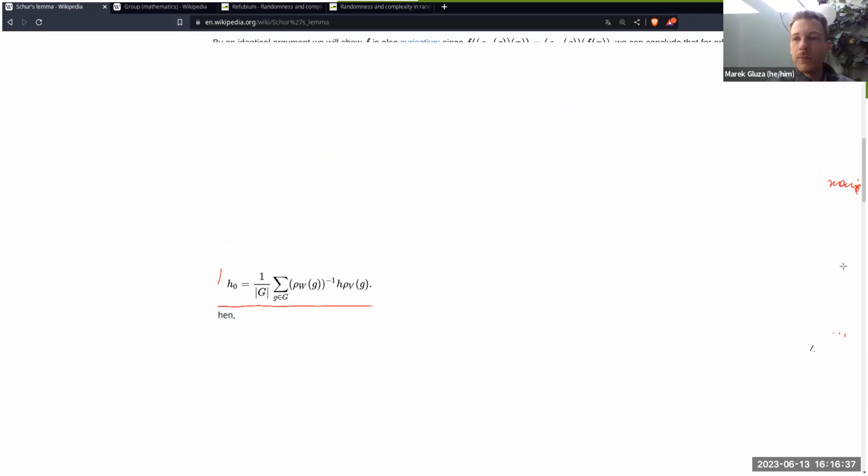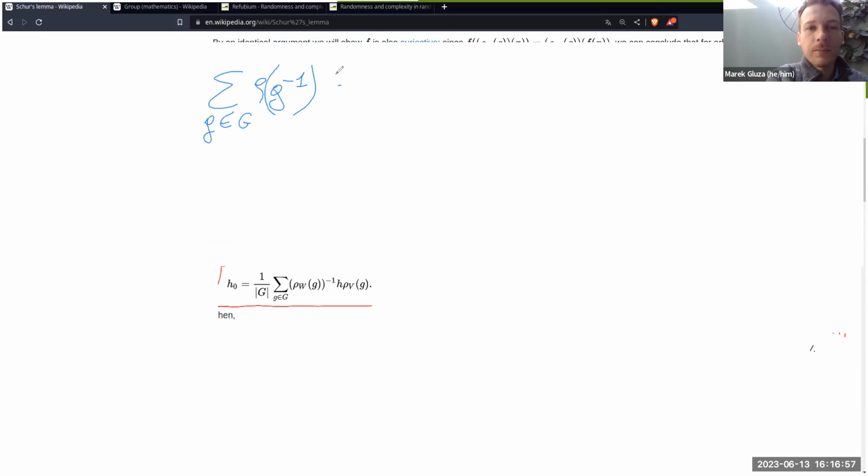If I want to remove some matrices in some way, then I can choose a group and average over the group. What does it mean to average over the group? I will take all elements from the set in the group. I will consider the inverse element of the group and the representation of that. Take my matrix H and take the representation of the group matrix here. Okay.